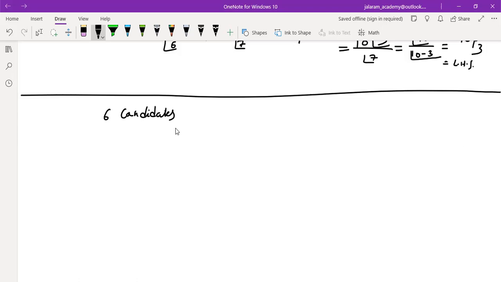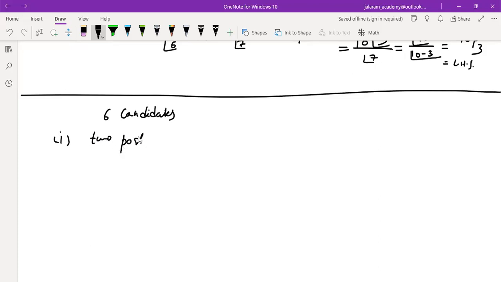Assuming that each candidate is fit for each post, means anyone can become the manager or the CEO or the MD, etc. Determine the number of ways in which the first part, 2 posts, can be filled.